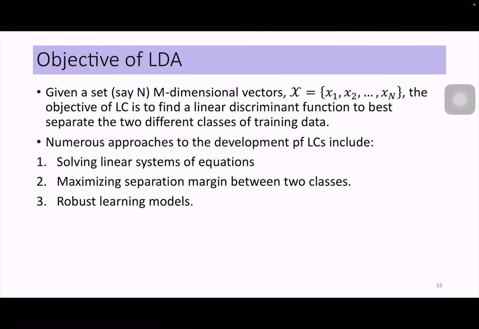The objective of linear discriminant analysis, given a set of n m-dimensional vectors x1 to xn, is to find the linear discrimination function, LDF, that best separates two different classes of the training data.